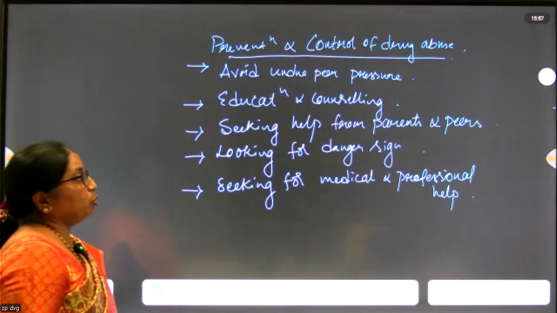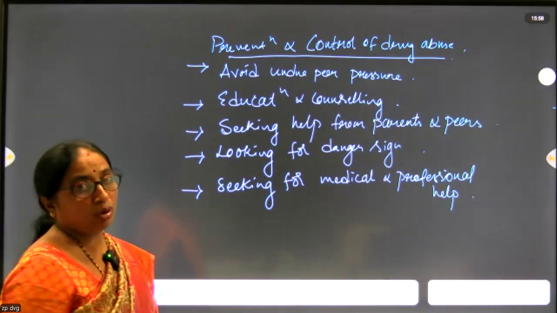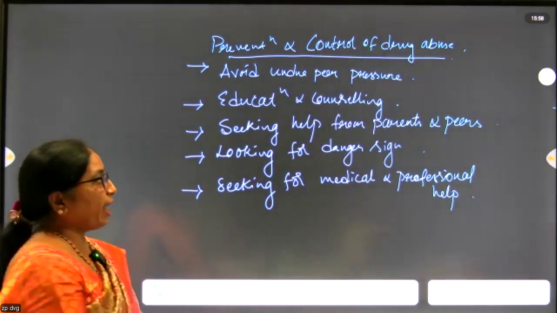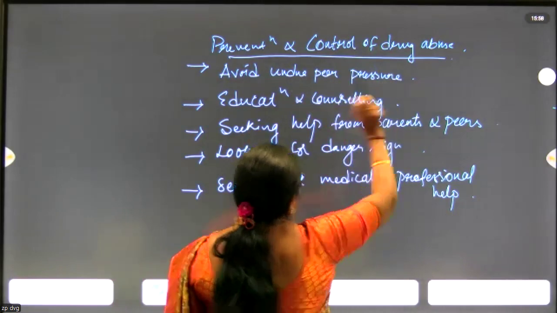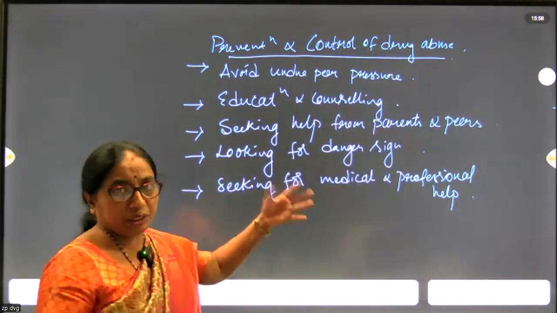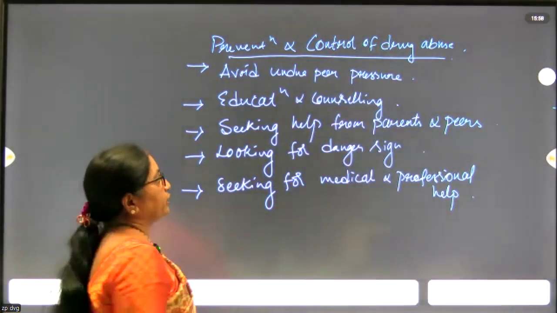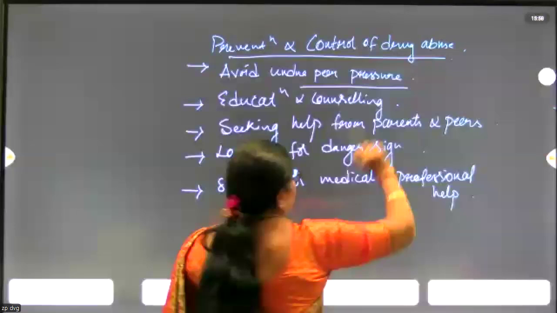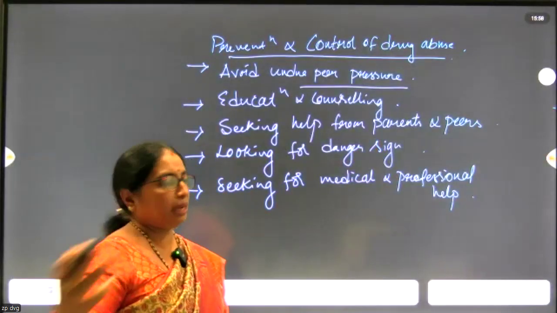So, adolescents, if they are in the vicious circle of drug abuse or alcohol abuse, can be brought back to the path by avoiding undue peer pressure. Peers are all the generation of the same age. You call it peer pressure. The people of the same age will be facing almost the same problems.